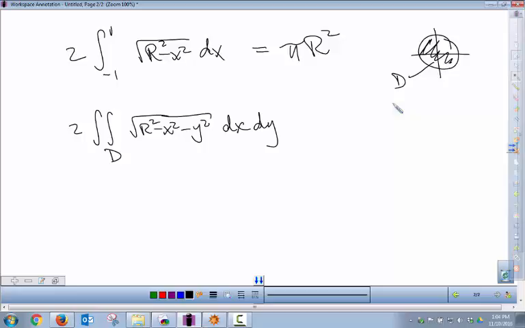Well, this will end up being, what is this? What is it? Which is volume. This is the volume of the sphere. Right?